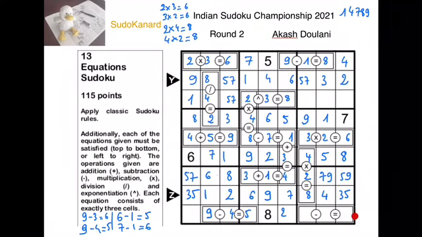And this row now needs, let's have a look. It needs 1, 3, 6, and 7. So the difference can only be 7 minus, well, 3 has to go here, and 6 and 1 there.